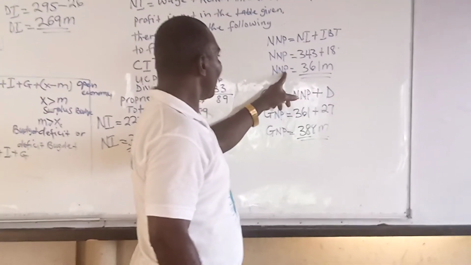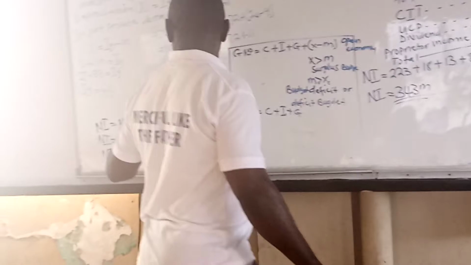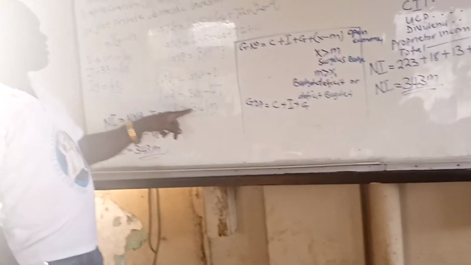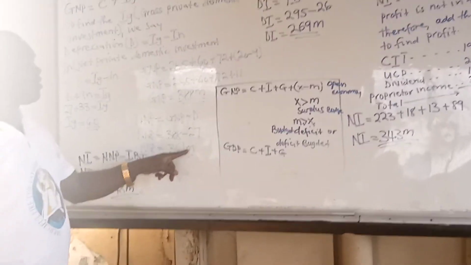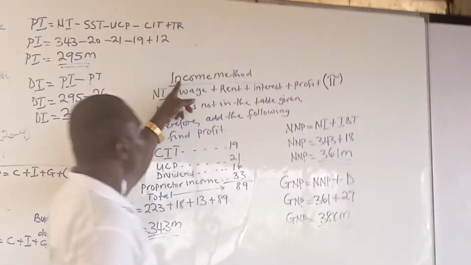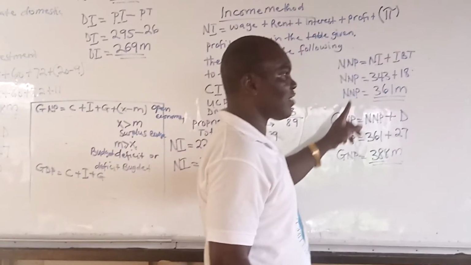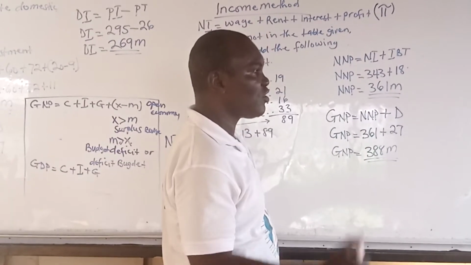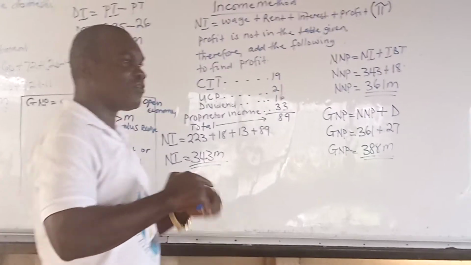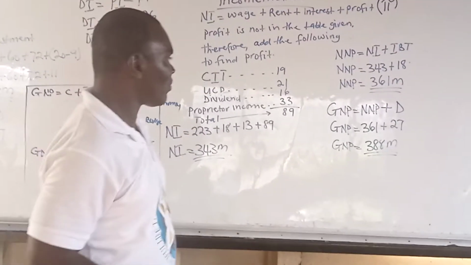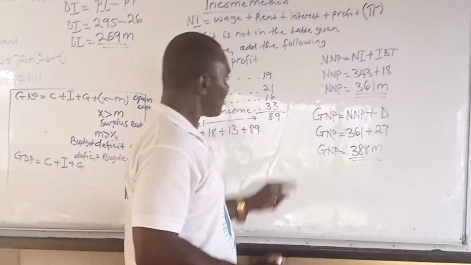So if you look at NNP, the value for NNP in the expenditure method is 361 million. In the income method it is 361 million. So as I said, in your calculation these should be the same, meaning that your calculation is correct.